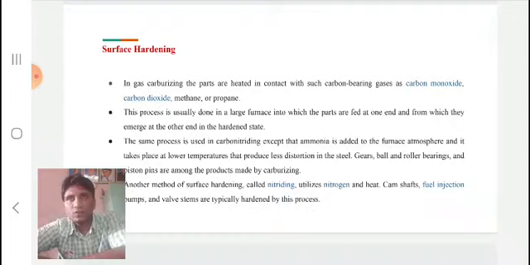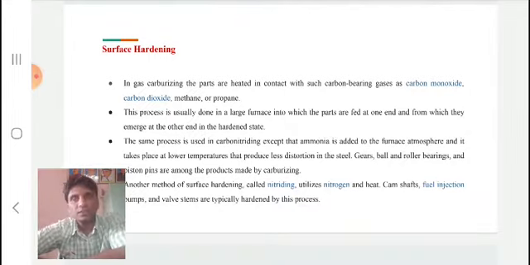This process is usually done in a large furnace into which the parts are fed at one end and from which they emerge at the other end in the hardened state. This is very simple when compared to the pack method. Gas carburizing has many advantages over the pack method because it is very fast.